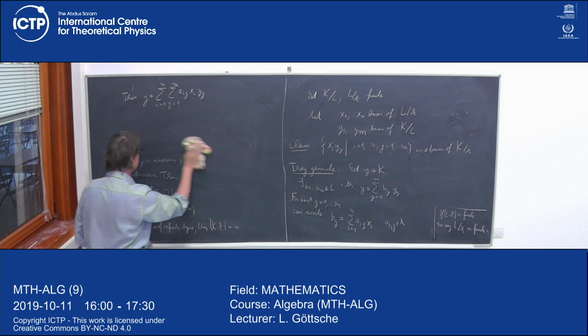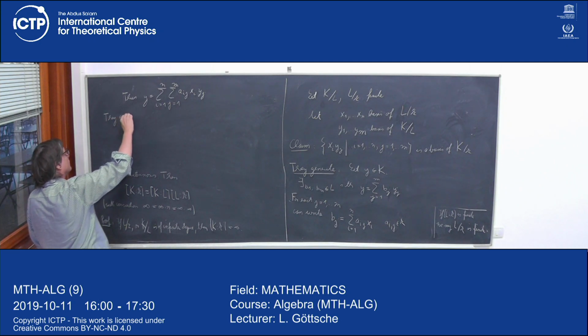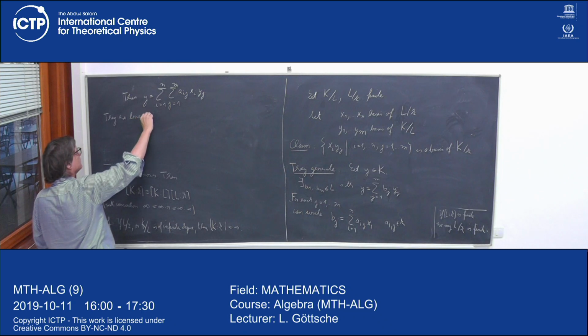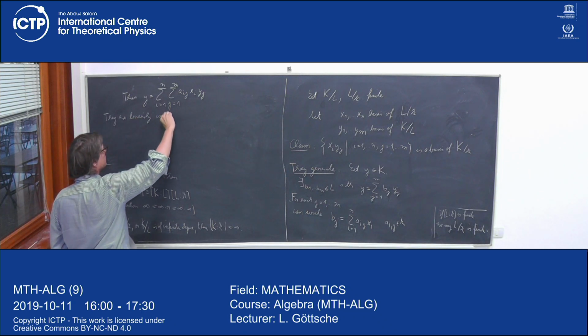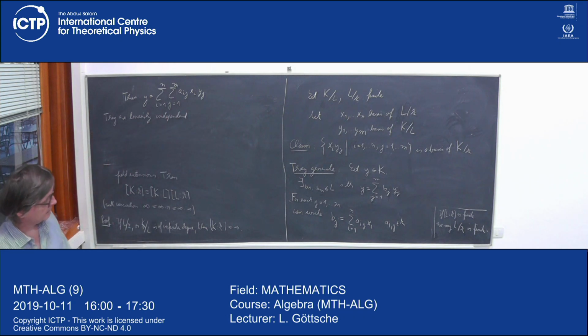This is not more difficult, so they are linearly independent. We assume we find a linear combination of them which is 0.